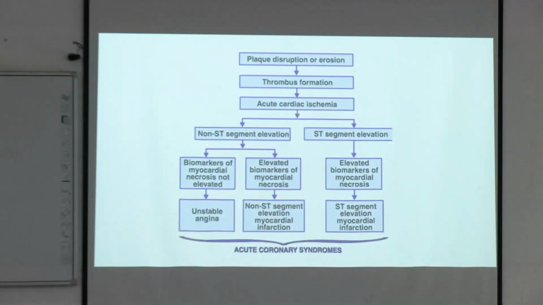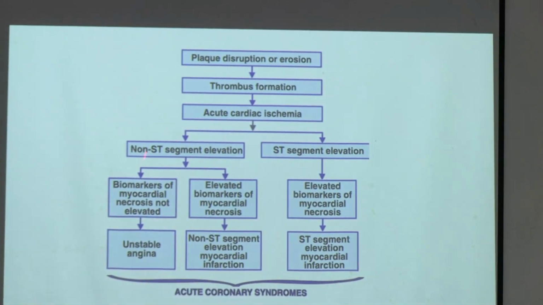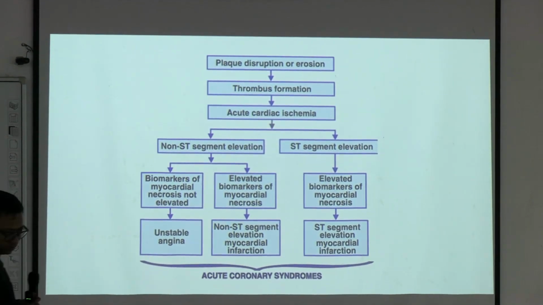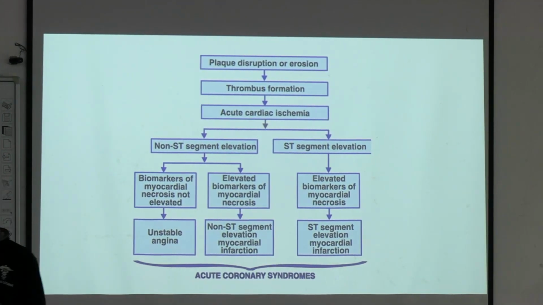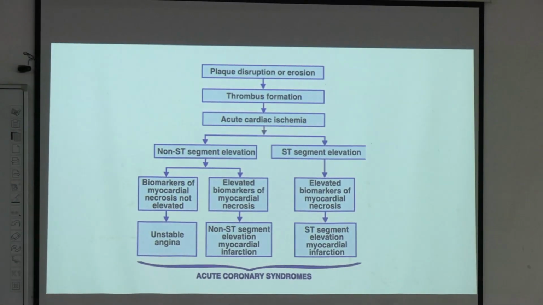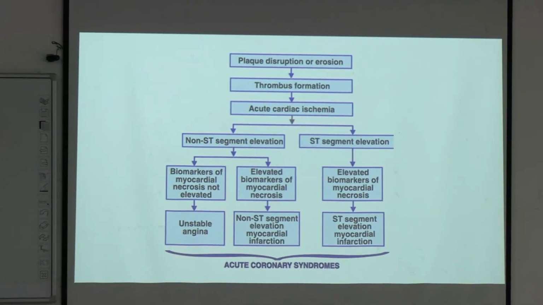Okay, so from the ECG, how to diagnose this? In the ECG, either you can see non-ST segment elevation, where the ST segment will not be elevated, rather the ST segment might be depressed, and the other way is ST segment elevation. So in both cases, the ST segment is not isoelectric, right?